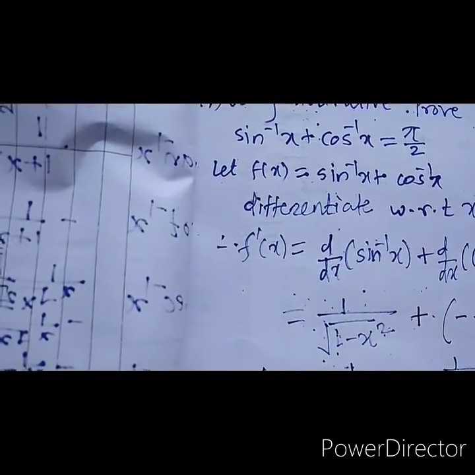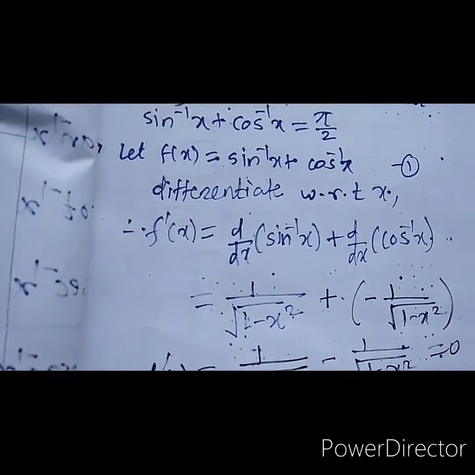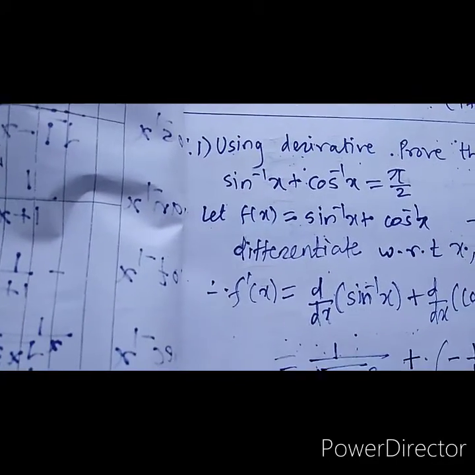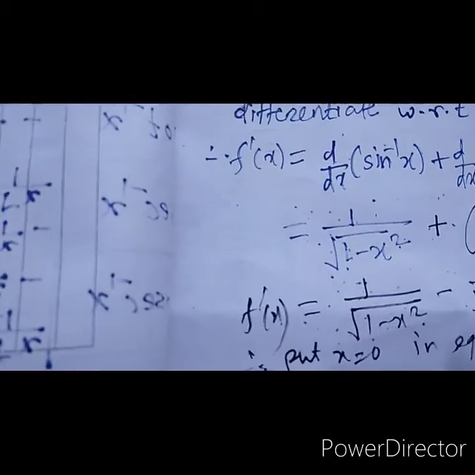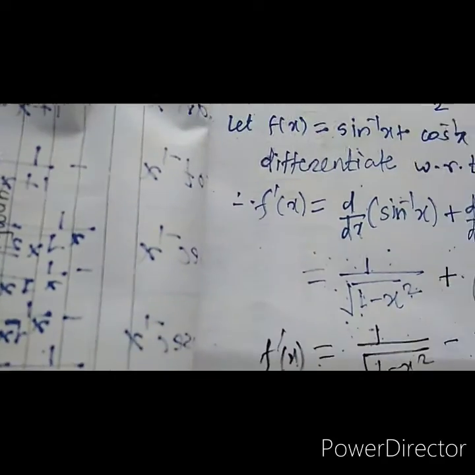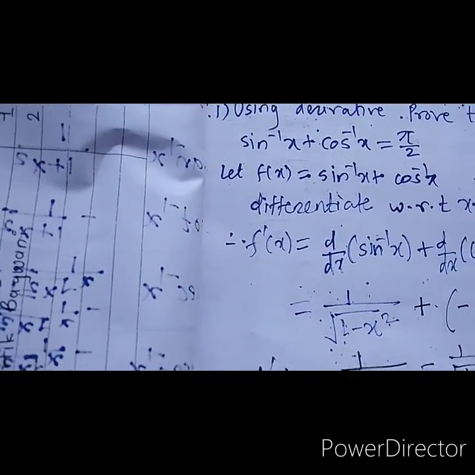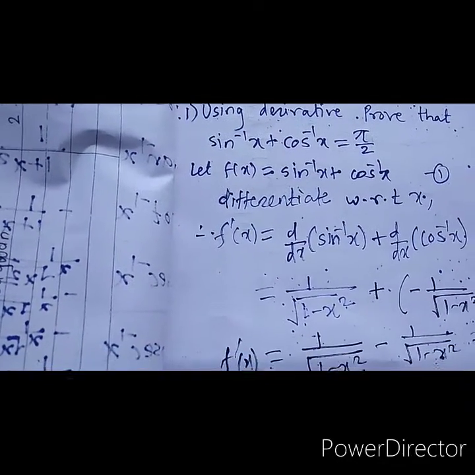Therefore here the derivative is 0, so we can put x is equal to 0 in equation 1. Therefore f of 0 is equal to sine inverse of 0 plus cos inverse of 0.